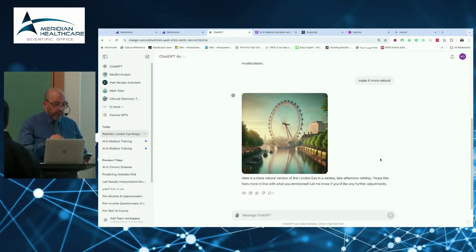Till you are happy with the image or the text. Okay, let's go to another application or another way to create your image.